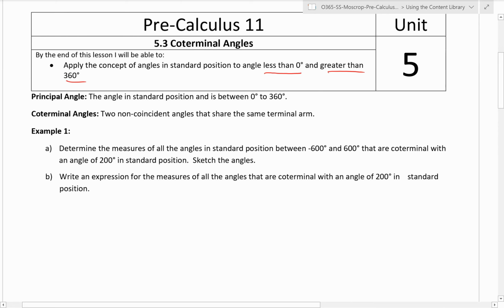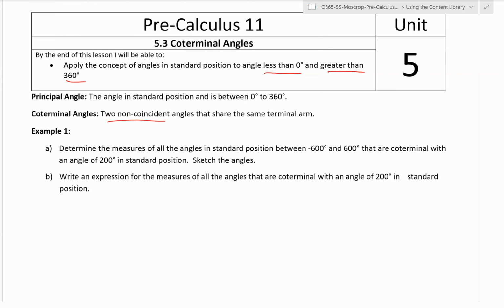They are two non-coincident angles that share the same terminal arm. So we're looking at two different angles that share the same terminal arm. They are not the same angle, so non-coincident, right? They are not the same, but they share the same terminal arm. So they are what we call coterminal angles.